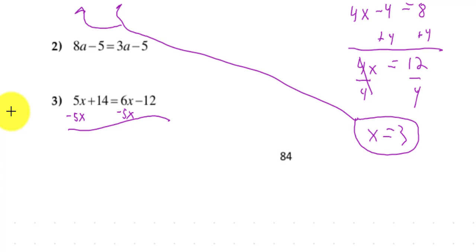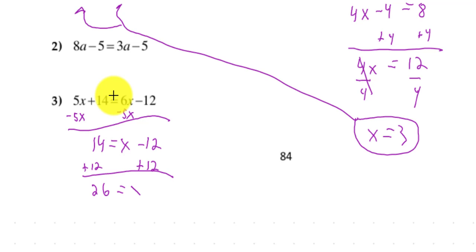I'm left with 14 on the left side, and that's a positive x, because 6x minus 5x is just x, minus 12. To finish the problem, I'm going to add 12 to both sides to get 26 equals x. And that's my final answer.